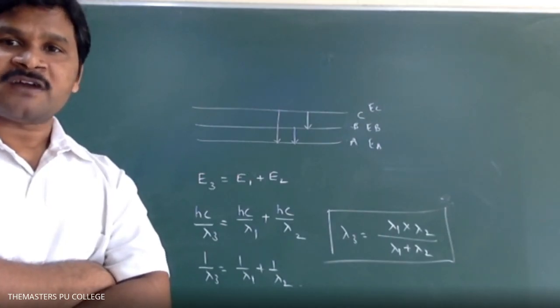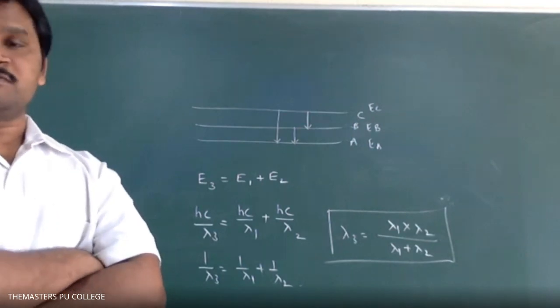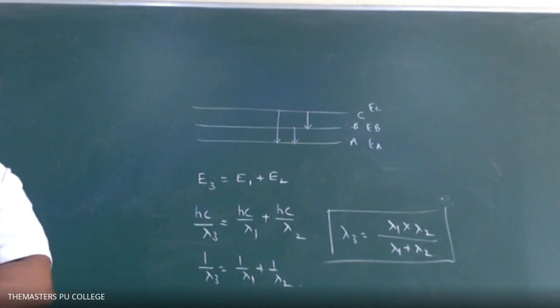I am talking about the orbit. Orbit energy increases with increasing n value. Yesterday also I think somebody asked. I told energy of electron and energy of orbit are different.